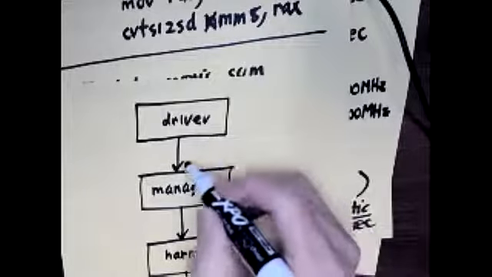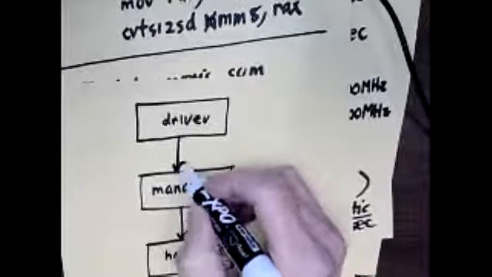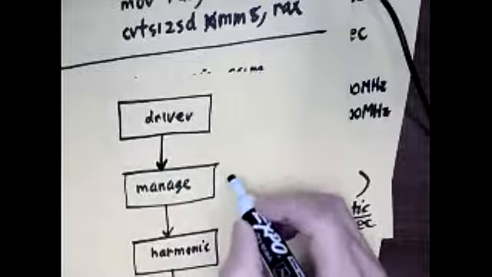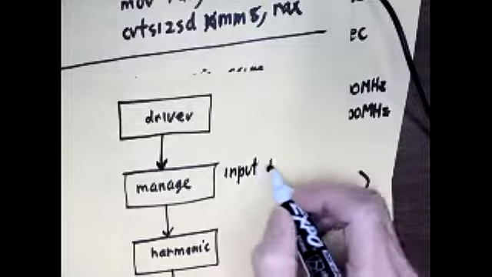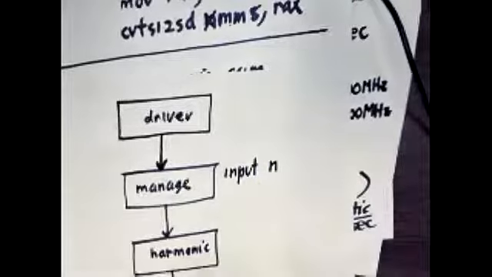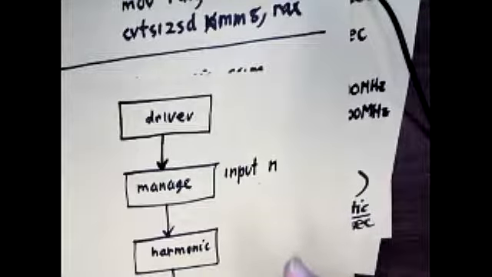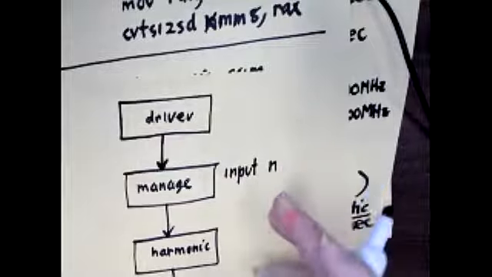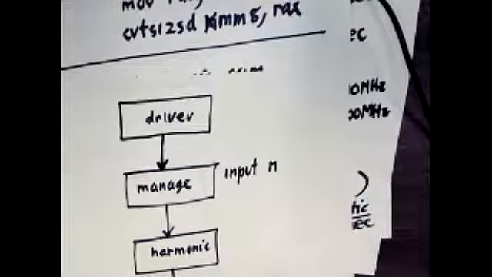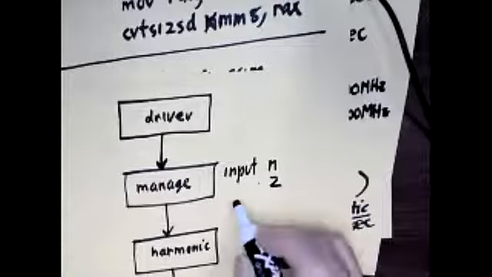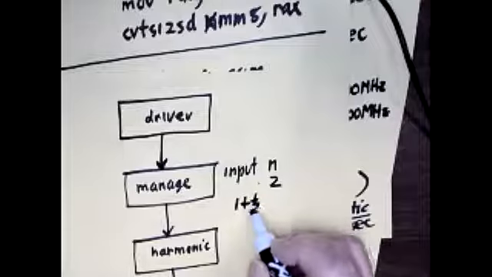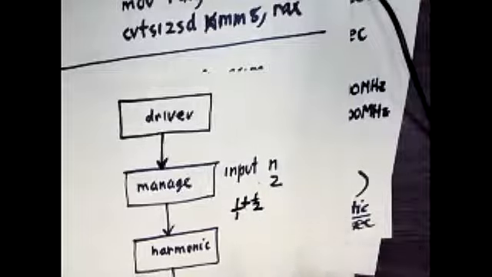So the driver calls manager. The manager says input your integer, input the n. That's the number of terms in the harmonic sum. It could be 50, it could be 5,000, it could be almost anything. It could be 2, in which case you get 1 plus a half added together, 1 over 1 plus 1 over 2.